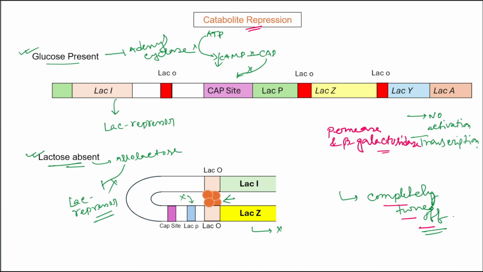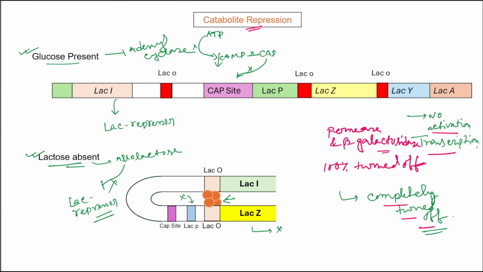So we can ignore this leaky transcription, but we cannot say it is completely turned off because the lac operon is not 100% turned off. So if the glucose is present and lactose is absent, then the gene regulation is turned off, or there is no activation of transcription.